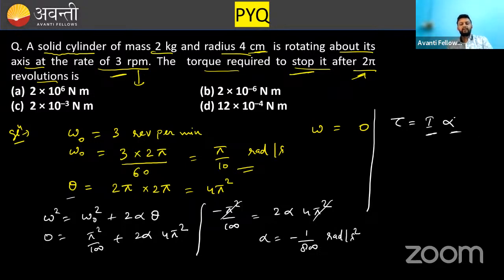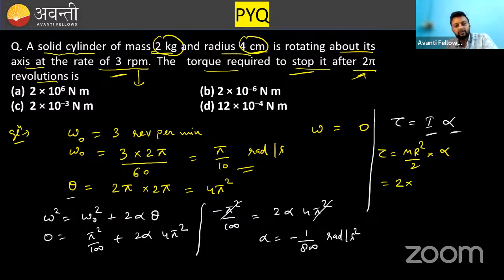Now you can put this alpha here. Tau is equal to I, which is mr square by 2, into alpha. Mass is given 2 kg. Radius is given 4 centimeter. Alpha we have already calculated. Now put the values. Mass is 2 kg.